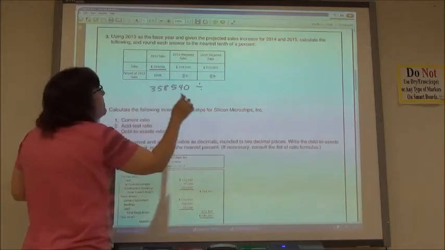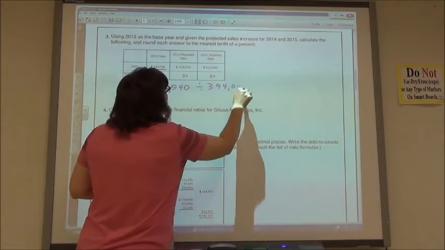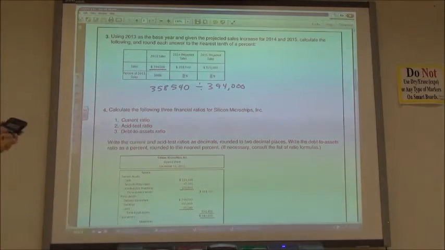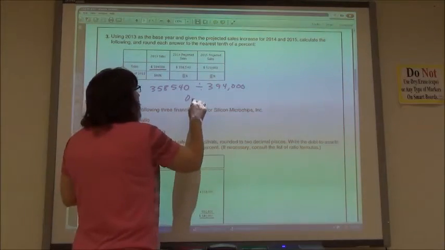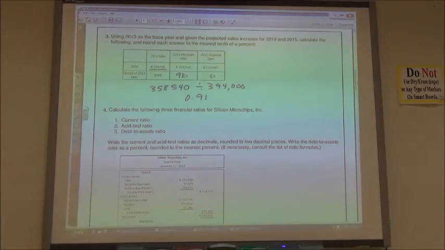We're going to divide that by the base of 394,000. And so if we take 358,540 divided by 394,000, we get 0.91. So 91% of 2013 is what we're projecting.